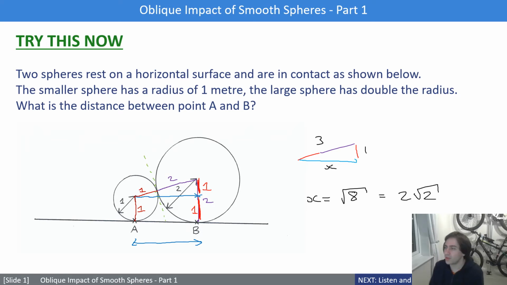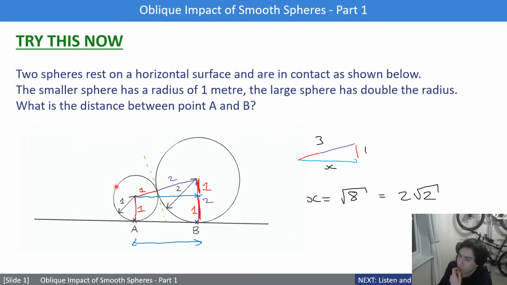Okay, and that's it. We got the answer. So just something to think about there. This idea that 2 root 2 is clearly less than 3, right? Because it's about 1.41 times 2, about 2.8ish, less than 3, which makes sense.